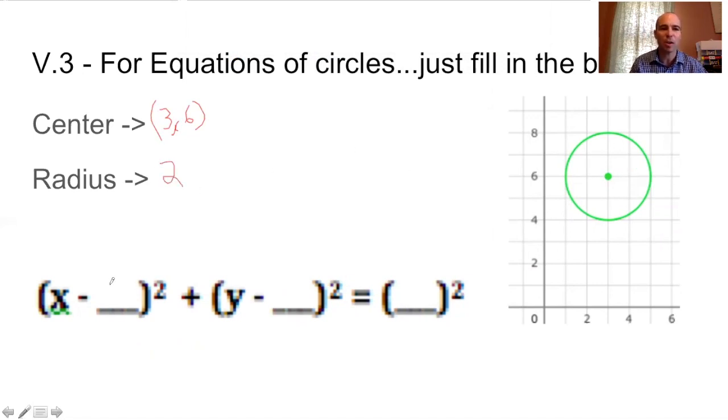And then all I'm doing is I am just plugging in, right? For you formula people, this is what they call H, this is what they call K, right? And then my radius goes here, right? So 2 squared. So when simplifying it, you would just leave these things exactly the same, and then you would just write this over here as 4, right? That's how you would simplify.